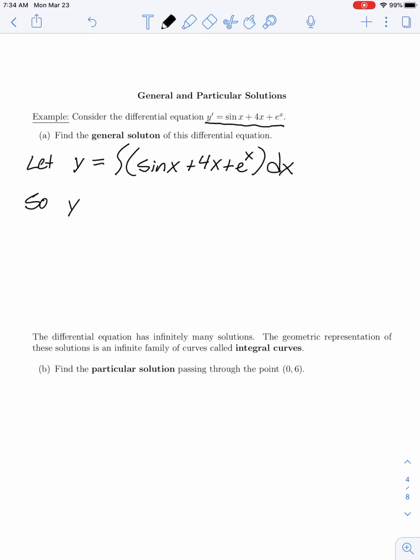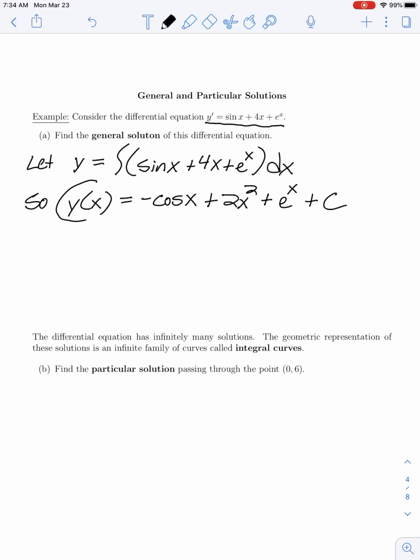And we find that y, or sometimes we might write y of x, since it is a function of x, is equal to, well, let's find our antiderivative. The antiderivative of sine of x is negative cosine of x, plus the antiderivative of 4x is 2x squared, and the antiderivative of e to the x is e to the x. Now this is an indefinite integral, so we know that we could write any general constant, c, on the end, and it would still be an antiderivative.